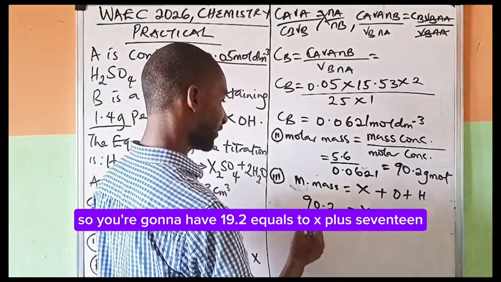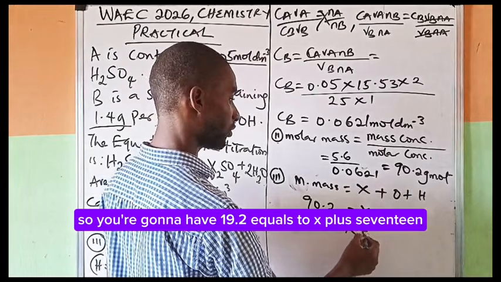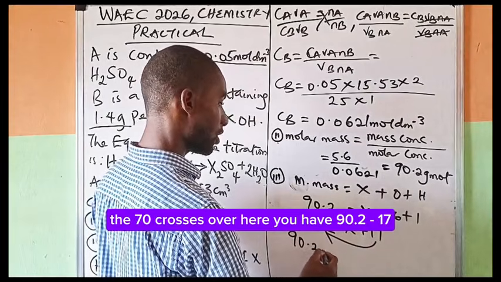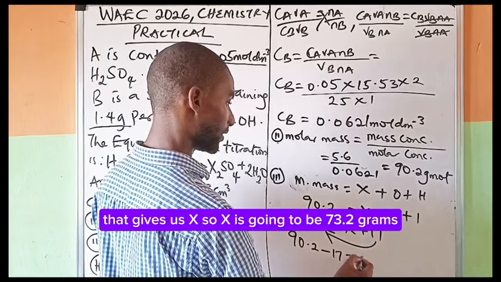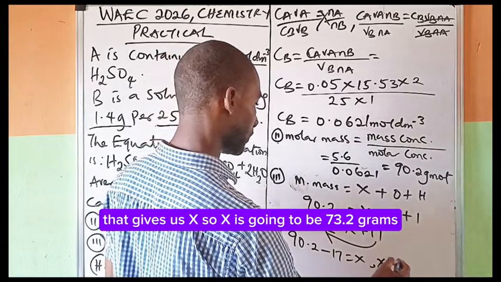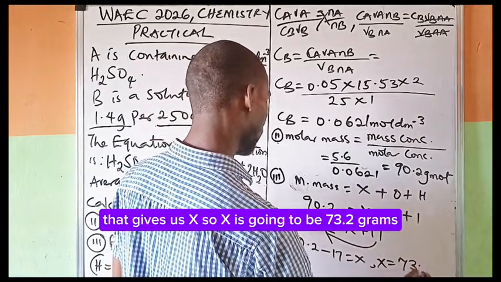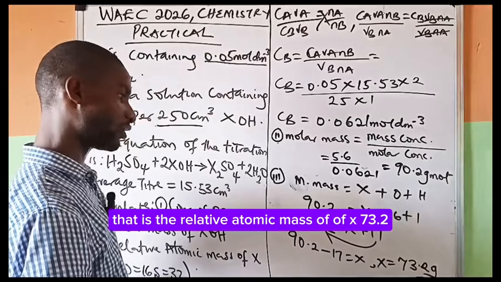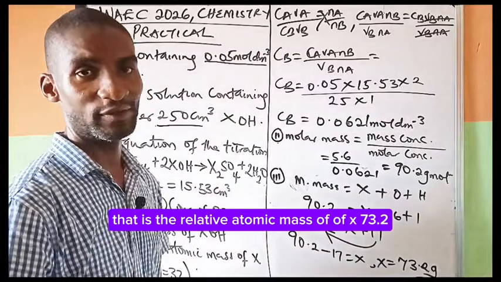So you're going to have 90.2 equals X plus 17. The 17 crosses over here. You have 90.2 minus 17. That gives us X. So X is going to be 73.2. That is the relative atomic mass of X, 73.2.